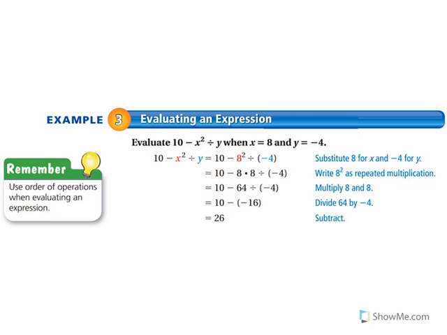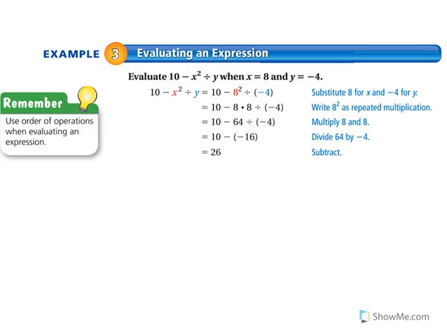I'm going to do this real quick. Move this up a little bit, give myself some more room. All right, so I have 10 minus x squared divided by y. And so I have 10 minus x is 8, so 8 squared, divided by -4.